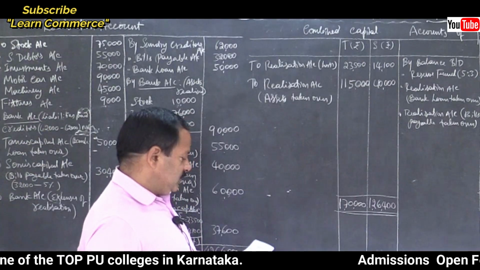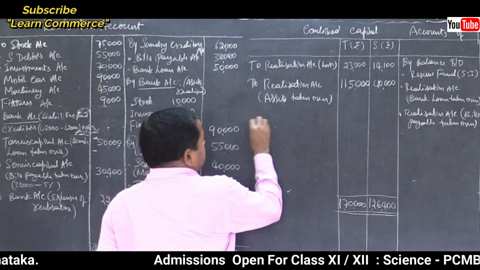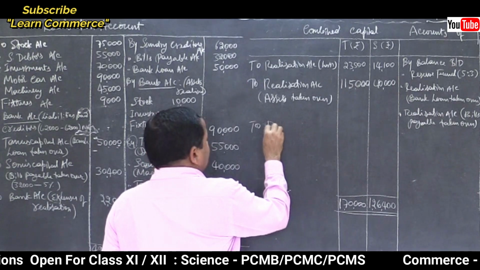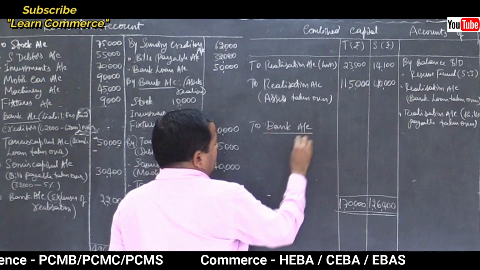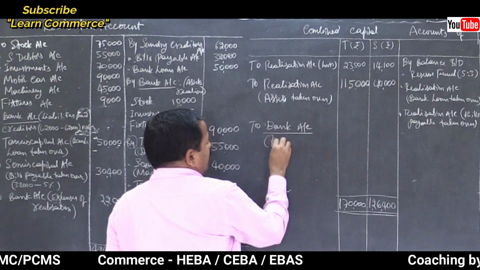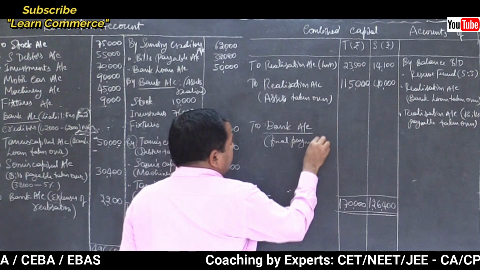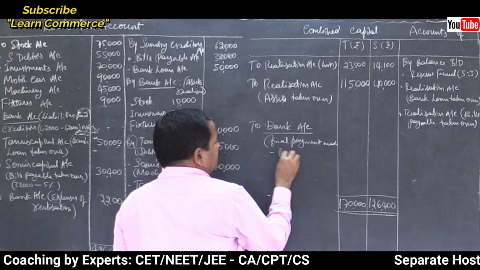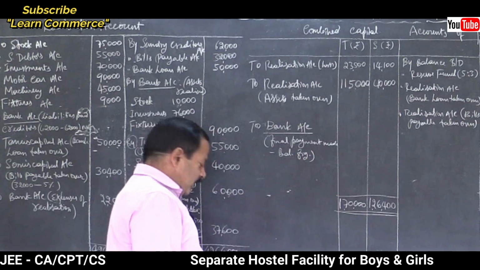Isn't it? Then find out the difference to bank account, right? Bank entry you are passing, so to bank account, not to balance but down. Remember, to bank account, final payment made, balancing figure. Now find out the difference and write the difference.